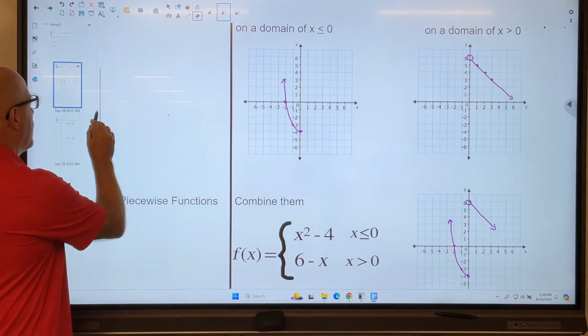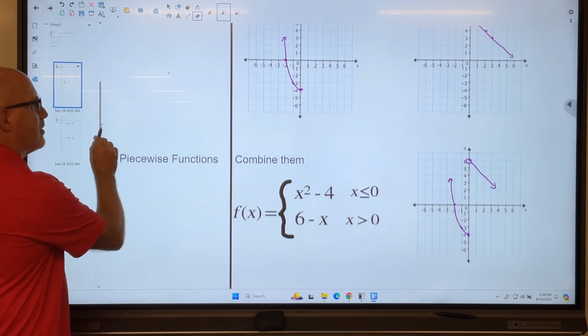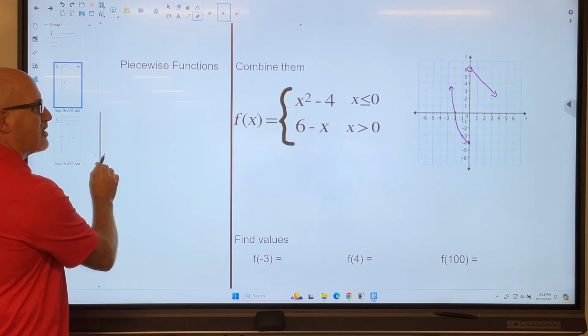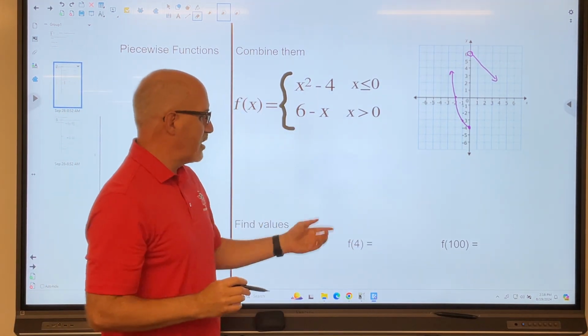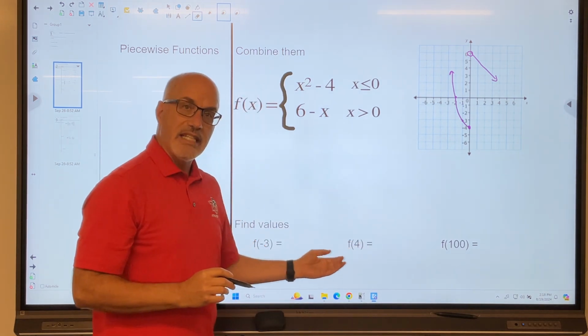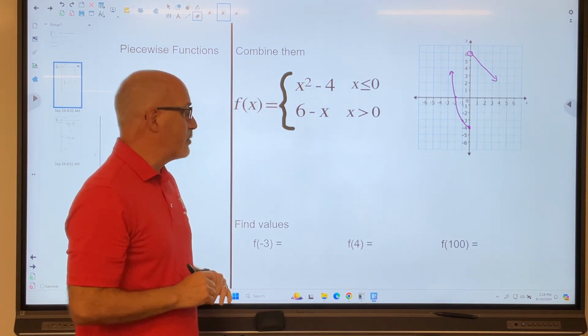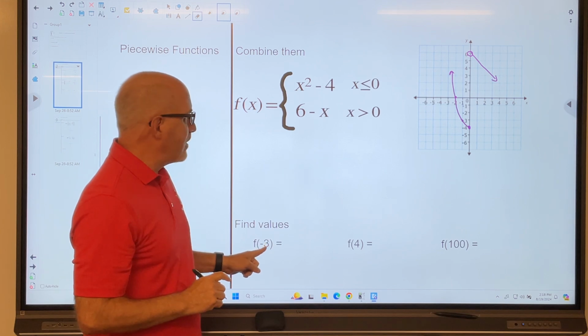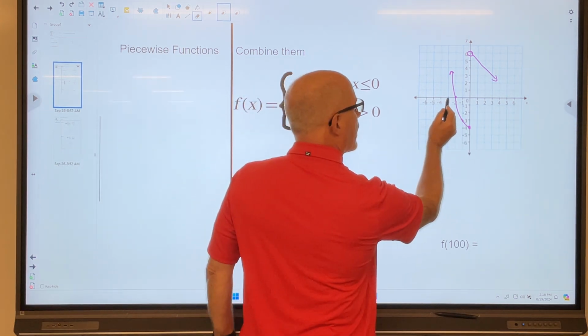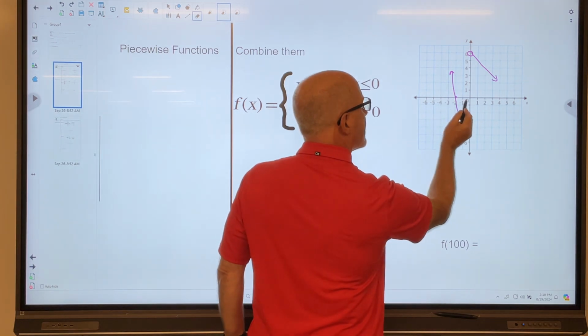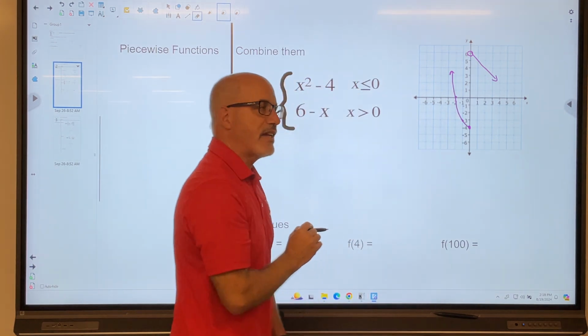All right, so one extra thing I want to add to this is, what if I ask you for values of this function given these x values? What are the y values? Well, when I ask you for these values, for instance, -3, where does this graph hit over here if I have an x value of -3?